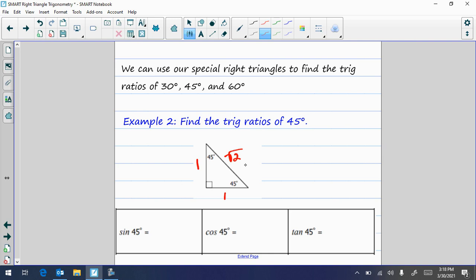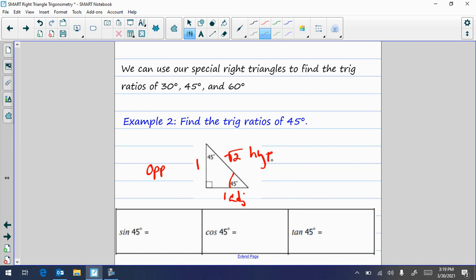Now, here's the trick. My sine here is going to be 1 over the square root of 2. Opposite, let me actually mark it first. This is the one I'm using. So this is my opposite. This is my adjacent. And this is my hypotenuse.